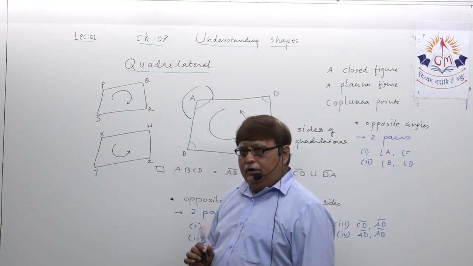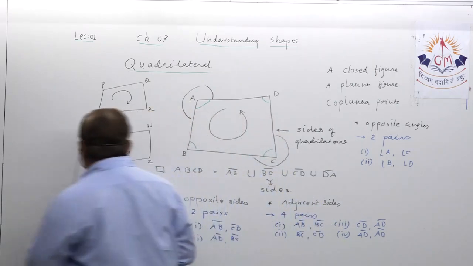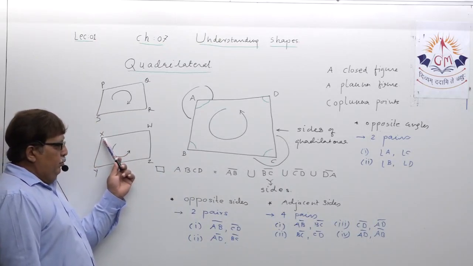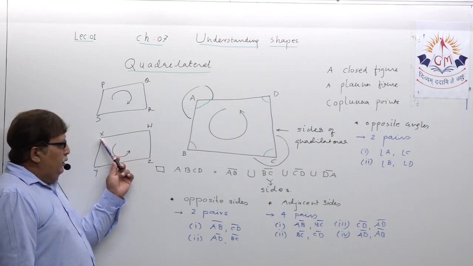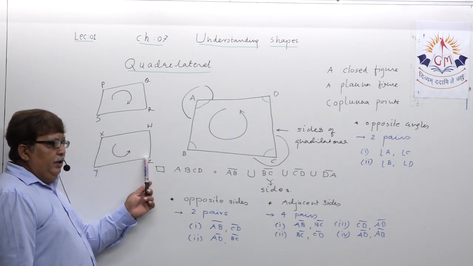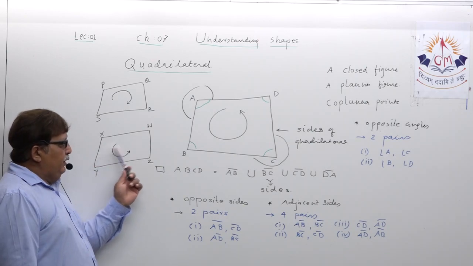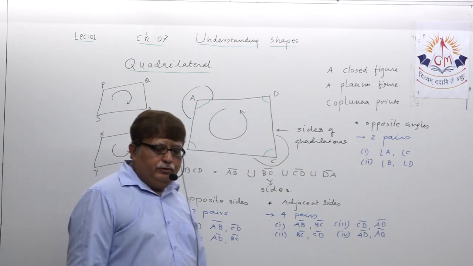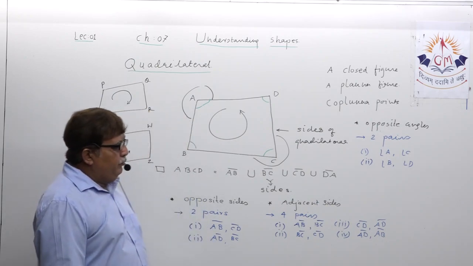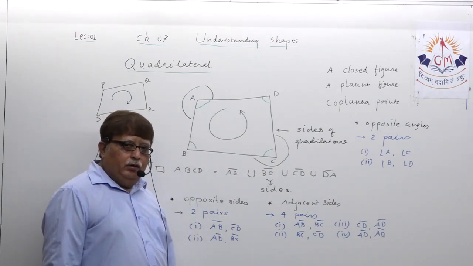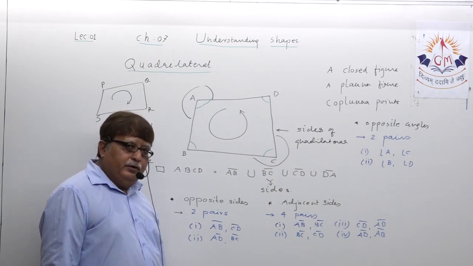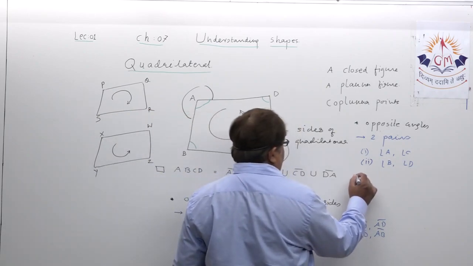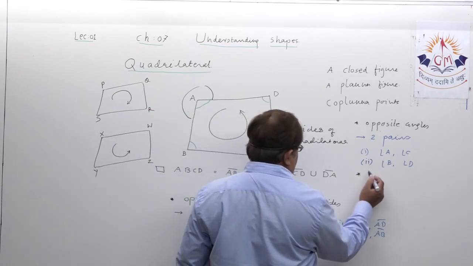That is the only care you have to take. How many pairs of opposite angles? Two pairs. Can you name them? Angle X, angle Z, angle Y, angle W. So, two pairs of opposite angles. Understand? Right?